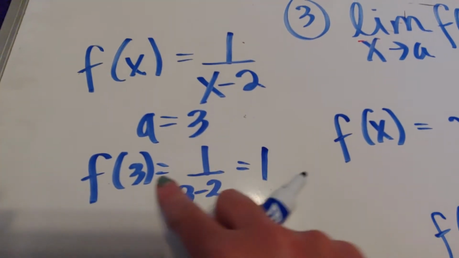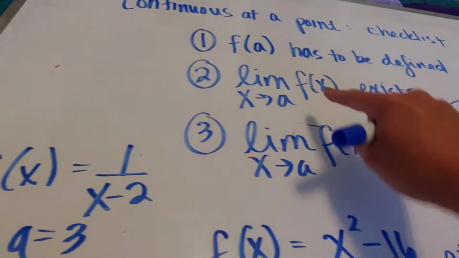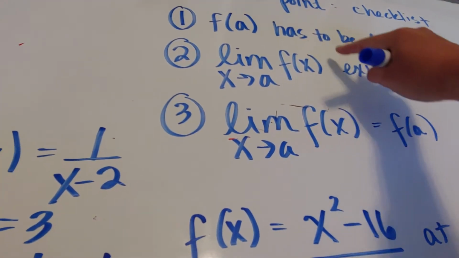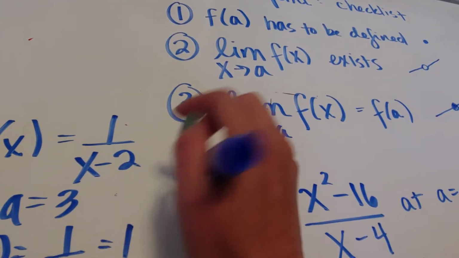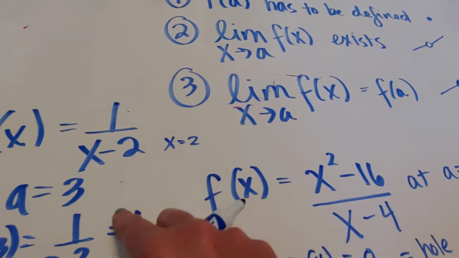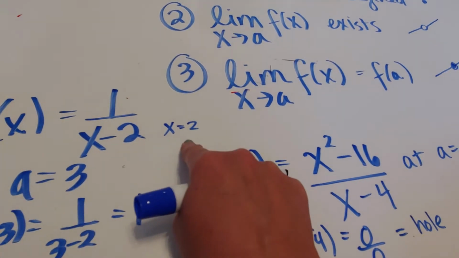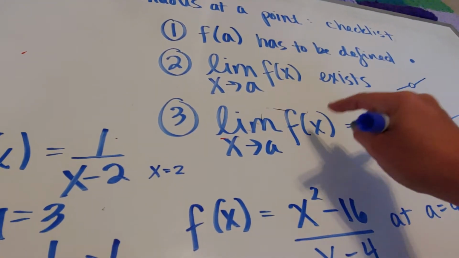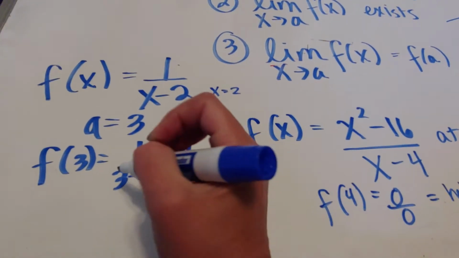So when I plug into the function, I get an answer. It passes this. And technically, it's also passing these two because this graph is continuous everywhere but at x is 2. That's my problem spot. So as long as I'm being asked about a spot not at the vertical asymptote, then all 3 of these are good. So I'm passing all 3.